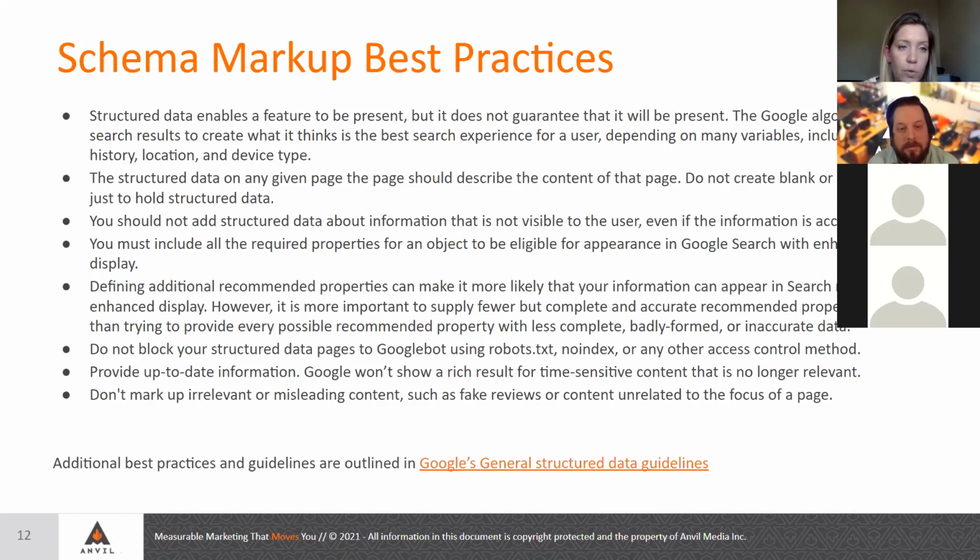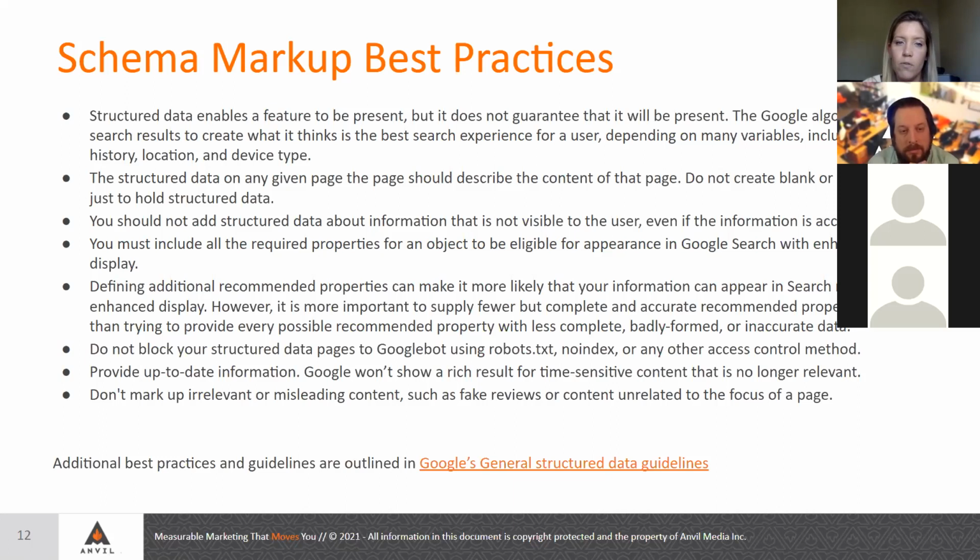Make sure to include all of the required properties for an object to be eligible for appearance in Google search. So with each type of schema markup, particularly with FAQ, Google requires that you include certain pieces of information within the code. And if you don't include those, then you won't qualify to be featured in rich results.